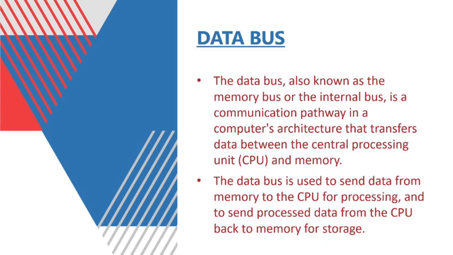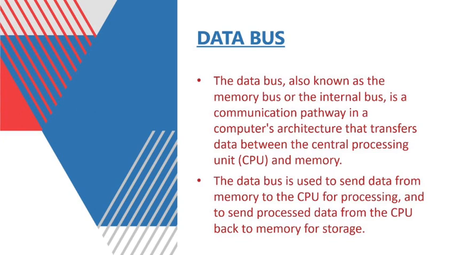The speed and width of the data bus can have a significant impact on the performance of a computer. Then, in computer architecture, an address is a unique value that identifies a specific location in memory where data is stored. The address bus is a communication pathway that carries these memory addresses between the CPU and memory.